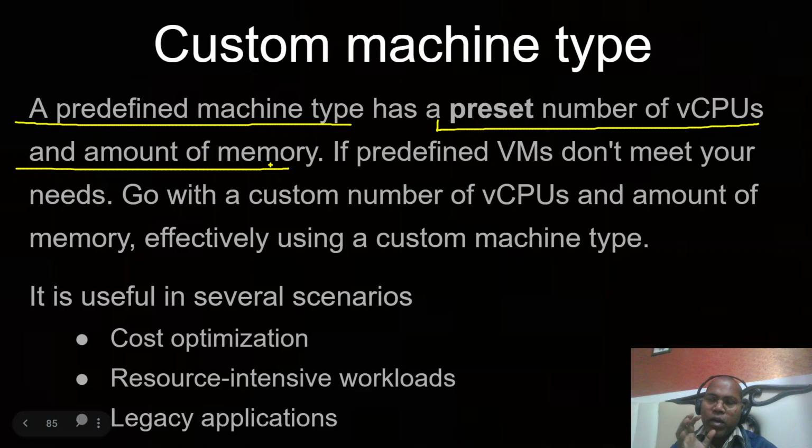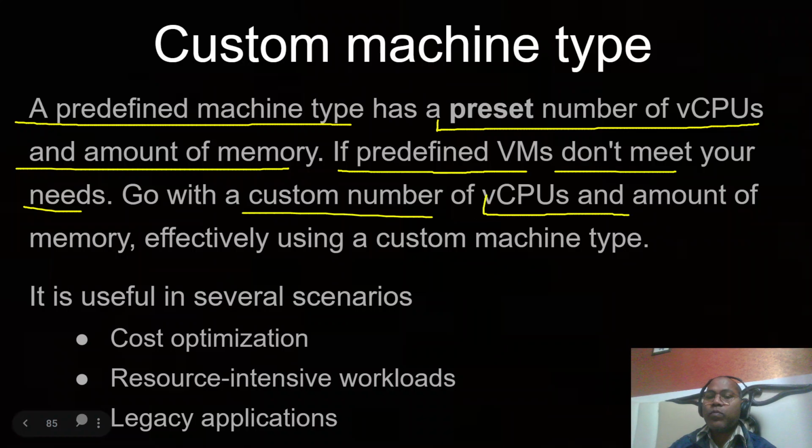that's good, because Google provides these combinations cost effectively so that your cost can be minimized. Sometimes this predefined virtual machine configuration does not meet our need, and then we go with a custom number of virtual CPUs, memory, and storage.